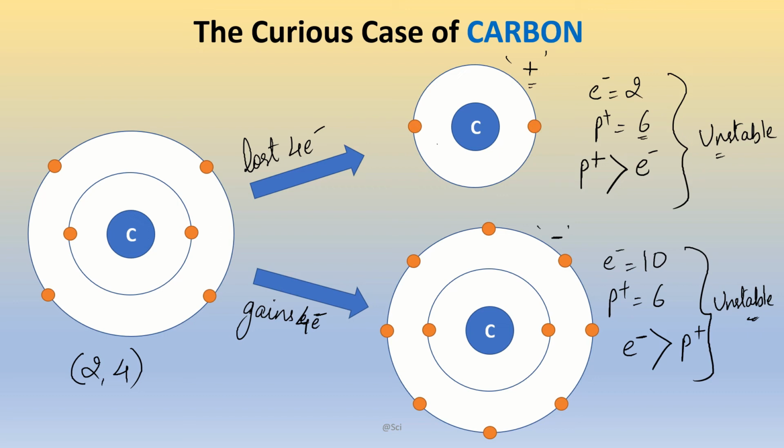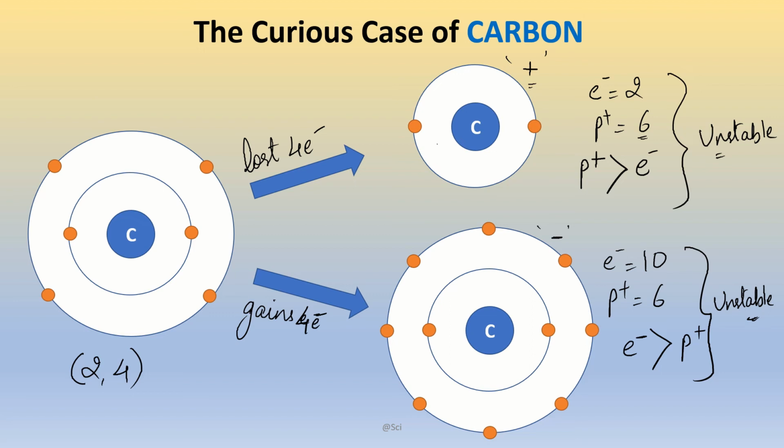It costs energy to the atom. So carbon shares electrons and forms covalent bonds, and hence so many compounds that we use in our day-to-day life, that we come across, have carbon because of the tendency of carbon to form these covalent bonds.